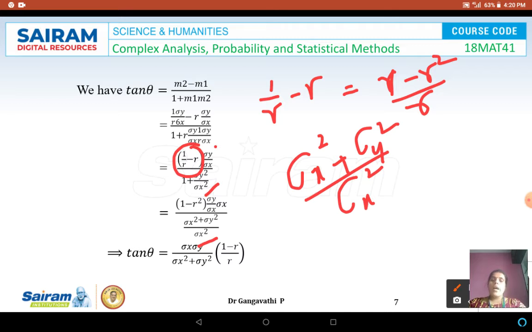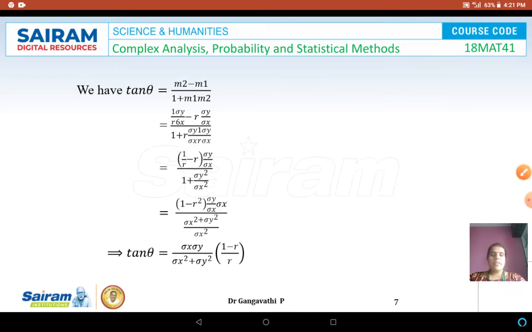Now sigma x and sigma x get cancelled. The sigma x square, when we take it to the numerator, is sigma x square, and one sigma x gets cancelled. The remaining is sigma x into sigma y divided by sigma x square plus sigma y square, into 1 minus r square by r, which I missed out earlier. So this is the result we have obtained for tan theta, the required result.